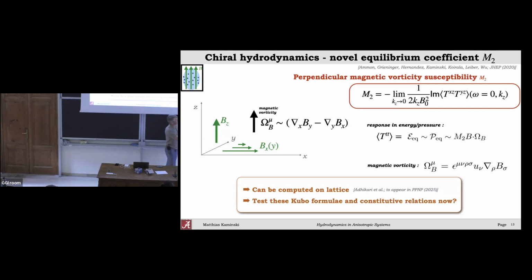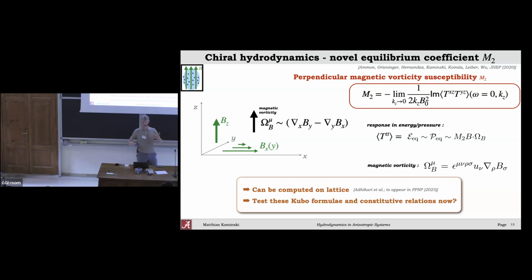If you think of this term, this omega b, it's structured just like you would define a fluid vorticity, with an epsilon tensor that's contracted with a fluid velocity and the gradient of the magnetic field, not of the fluid velocity in this place. That's why we call it magnetic vorticity. And this is a susceptibility.